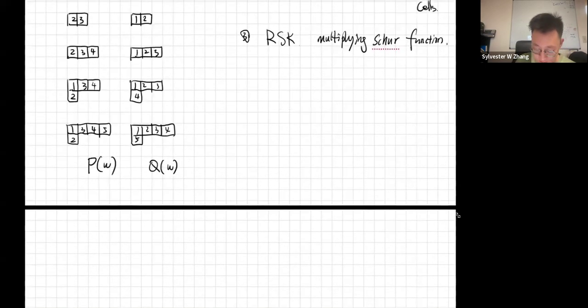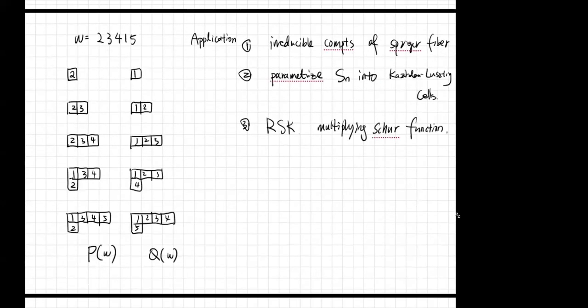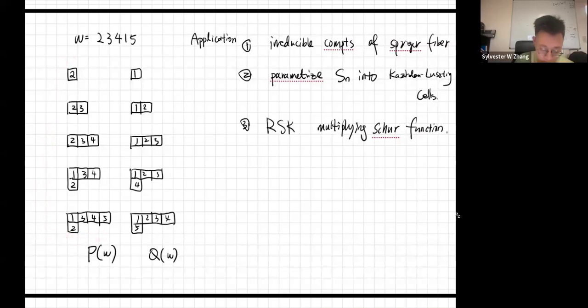So any questions before I move on? Yes, sorry, could you repeat the definition of Q, please? What does it exactly do? It always goes row-wise? Okay, so you get a sequence of tableaux when you do the insertion.